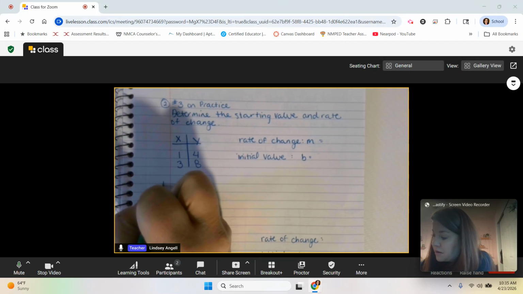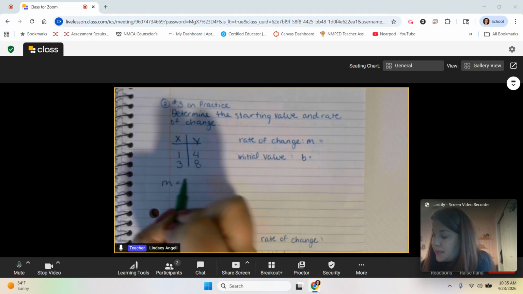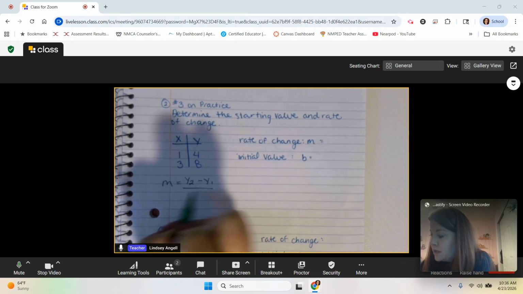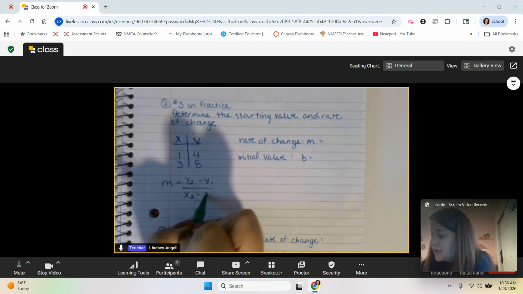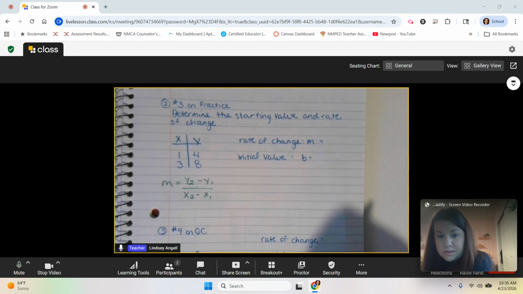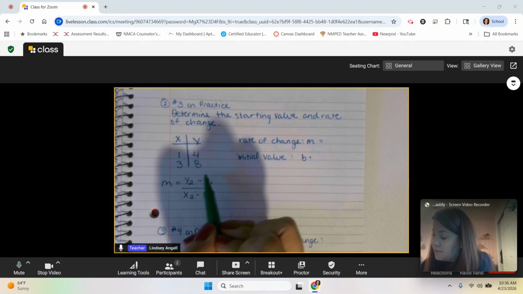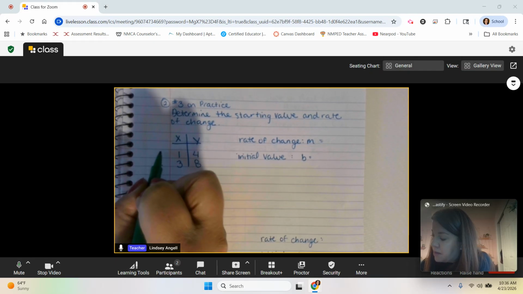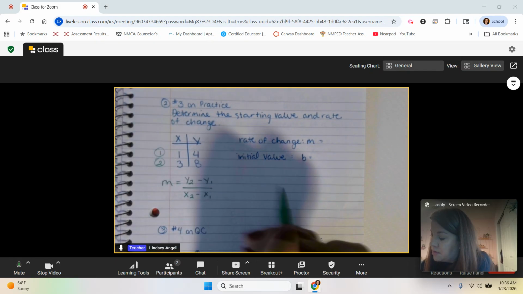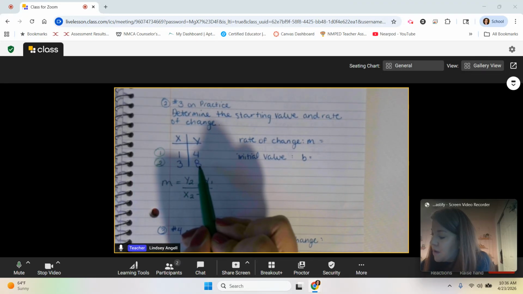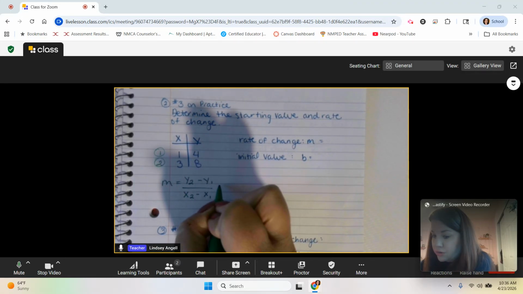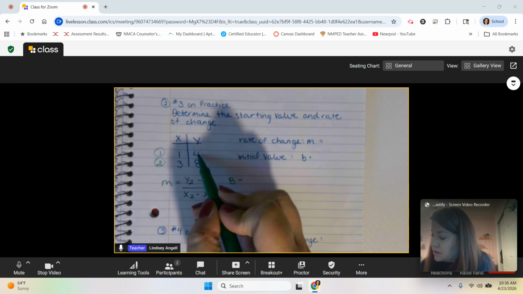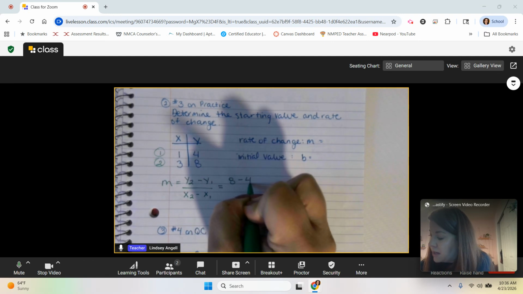Because remember, your slope is the difference in the y values over the difference in the x values. I'm going to say that this is problem number 2, and this is problem number 1. So I could take my y value from problem number 2 and subtract the y value from problem number 1.